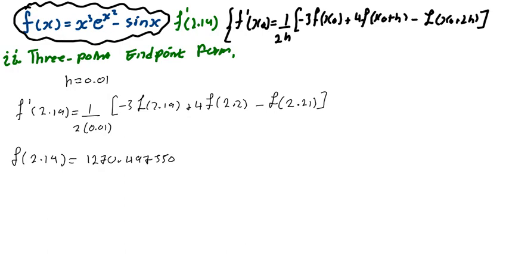We do the same to the second one. f of 2.2 is equal to, if you substitute, you're going to end up with 1345.837161.